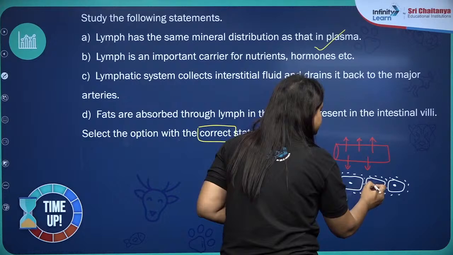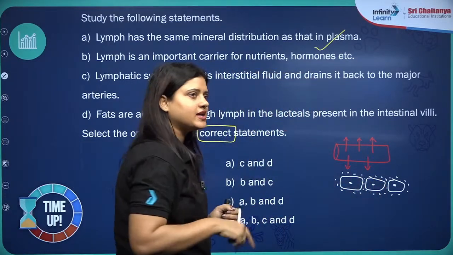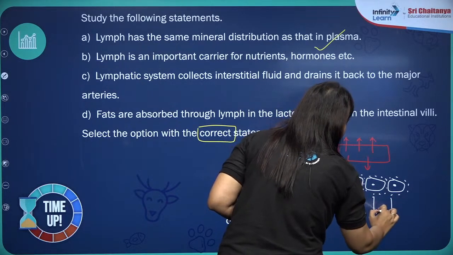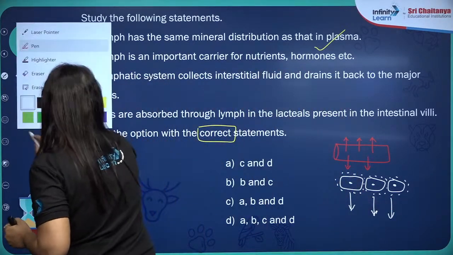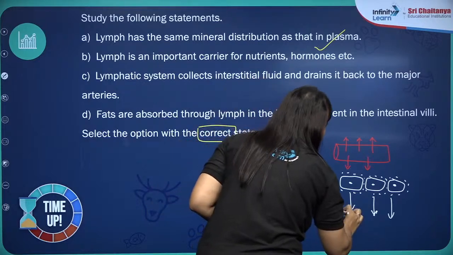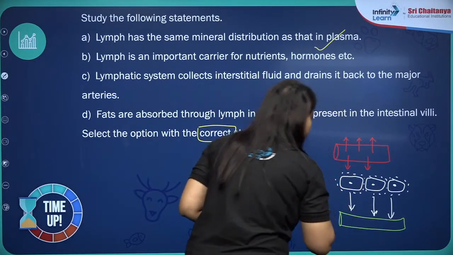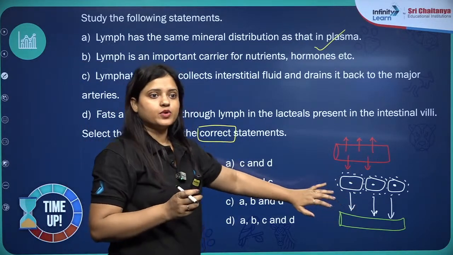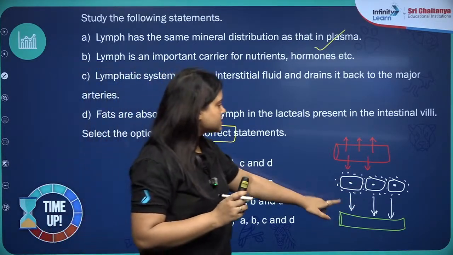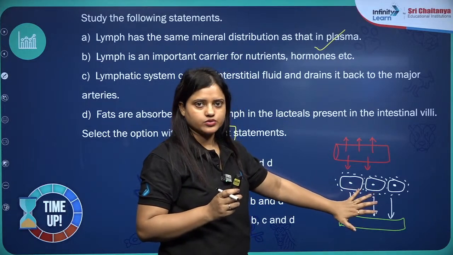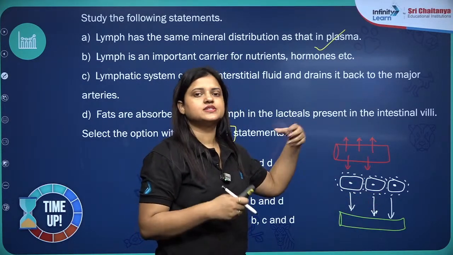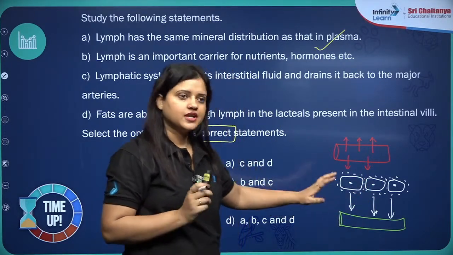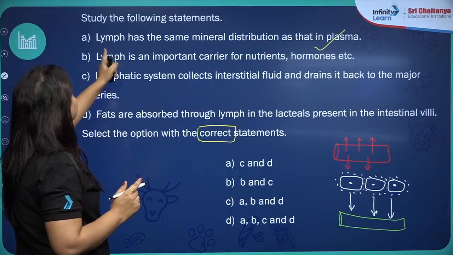And the same interstitial fluid will be entering inside the lymphatic capillaries and will be forming lymph. So imagine this is a lymphatic capillary. Plasma proteins, remember, will not be coming out. Water soluble substances and WBCs will be coming into the interstitial fluid and that will be forming the lymph, right? So that is right.